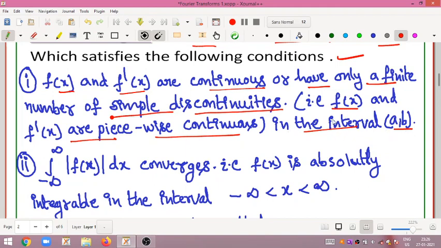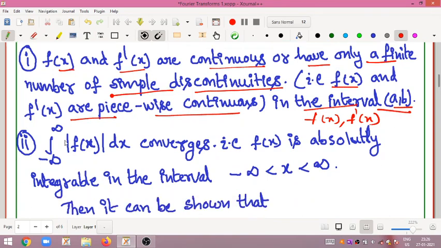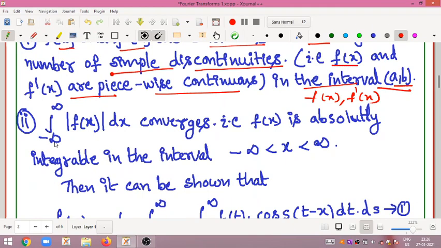So the first condition: in this interval, f of x and f dash of x are continuous functions, that is, piecewise continuous. That is the first condition. Second condition: the integral from minus infinity to plus infinity of mod f of x dx converges.